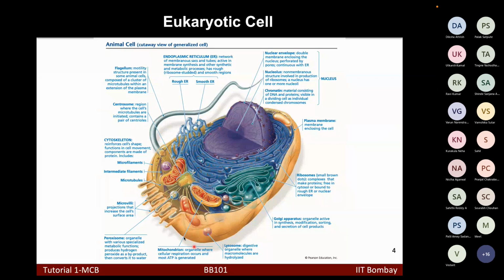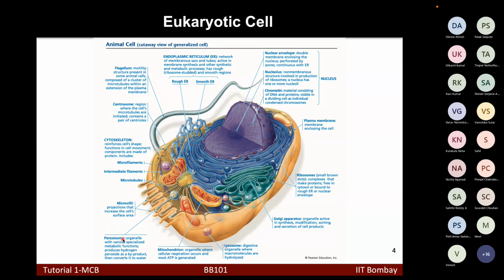One of the most important organelles in a eukaryotic cell is the mitochondrion. I think everybody has heard of mitochondria. It's the organelle involved in cellular respiration, and it produces energy, or ATP, and it's called the powerhouse of the cell. Another organelle is the peroxisome.